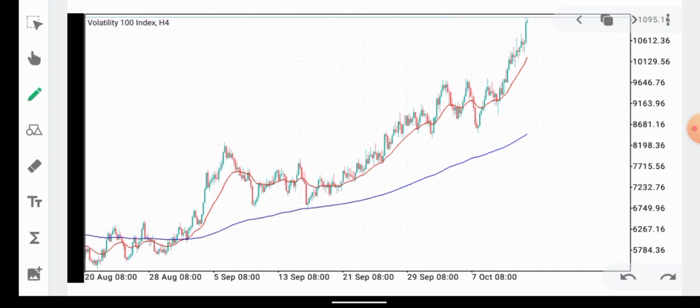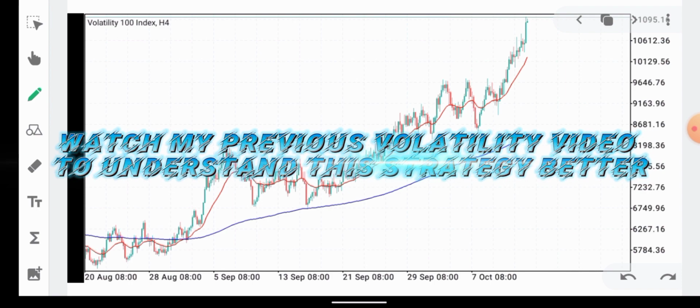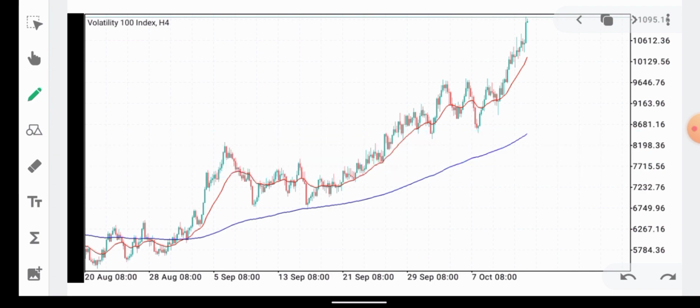Second, if you've identified the touch, I will not be explaining more of this strategy because I've done a video on this, and I don't want to waste time explaining again, so just pick out the key things to note. I'll advise, if you know the video, you check it out.